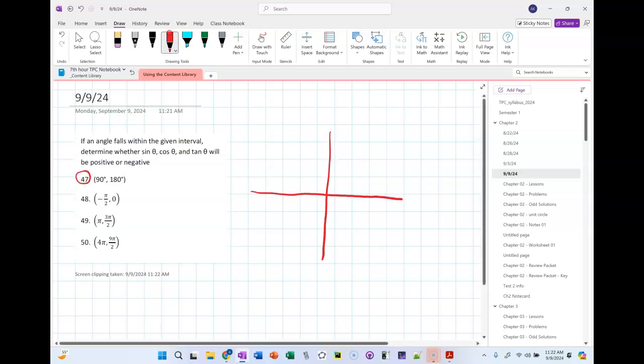So if I draw a little XY axis, I remember that all silly turtles crawl. 90 degrees to 180 degrees is quadrant 2, right?